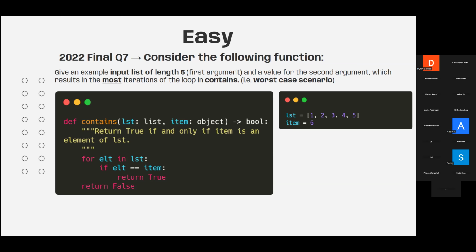If we run either the example in the chat or our example with this code, we have to keep iterating until we've reached the last element. It's either there or it's not there. So basically, the most iterations for this loop is the length of the list. Since our length is 5, we're going to have 5 iterations. Okay.